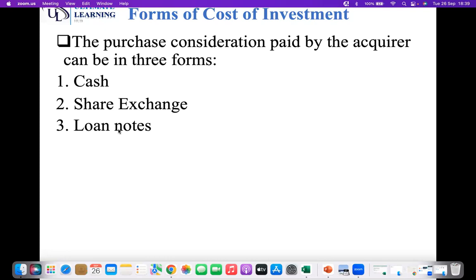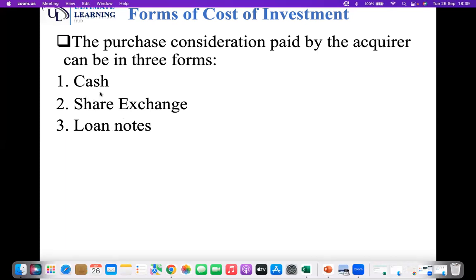It reduces the cost of investment. For example, if you are to pay 100 million to acquire a subsidiary and you find the subsidiary has a loan of 10 million, you will not pay 100 million. You will pay 100 million less the loan of 10 million that you acquired. So you will pay 90 million. So that's a case of loan notes.